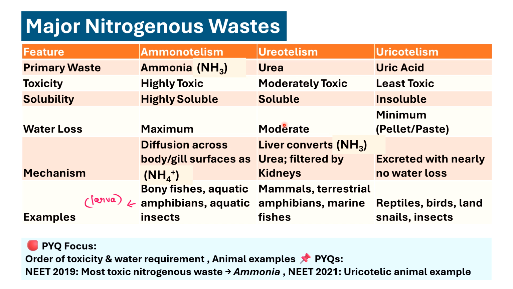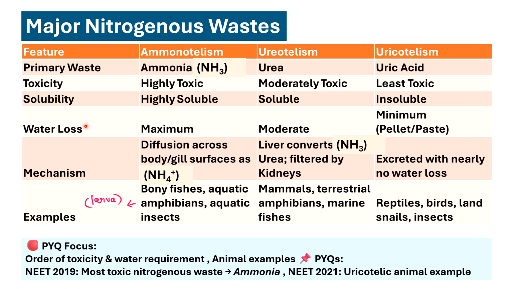That's why it needs moderate amount of water to be released as a byproduct. And coming to uric acid, it has the least solubility in water. That's why it needs very little water to be released as a byproduct. That's why uric acid is released just as a pellet or a paste.